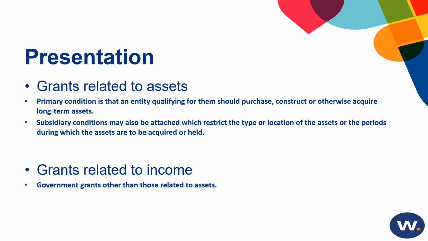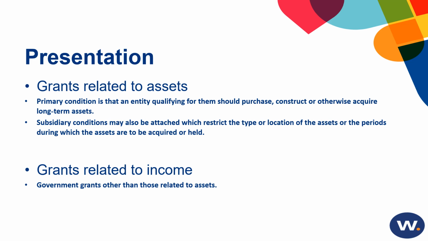Another condition may be attached, which will then restrict the type of asset to be acquired, the location where this asset must be used, or perhaps even the periods during which the assets are to be acquired and held. Other grants which do not meet these conditions are then referred to as grants related to income.